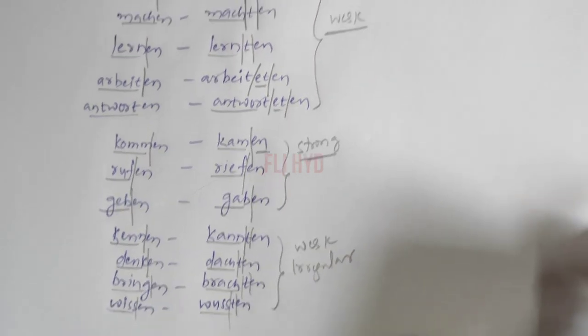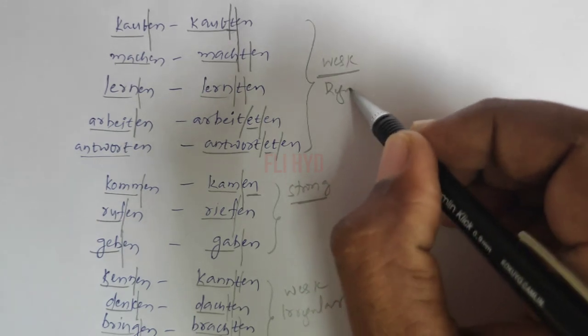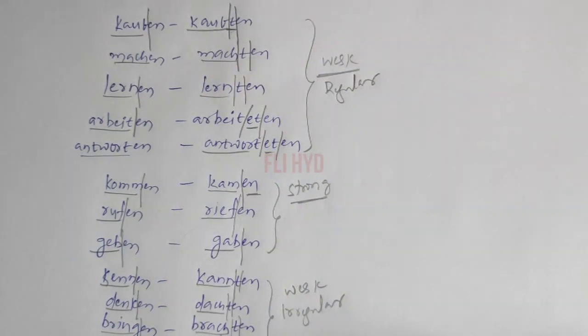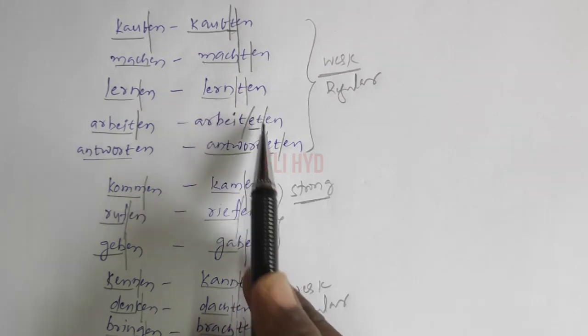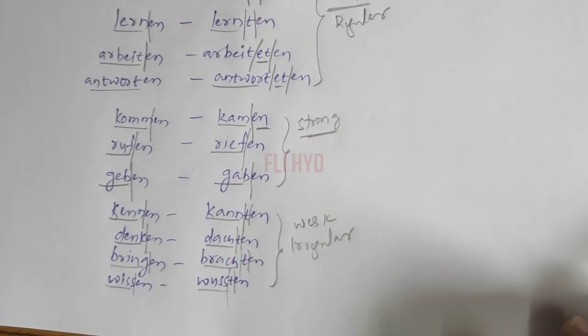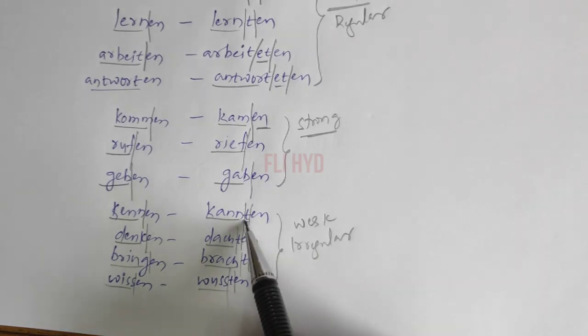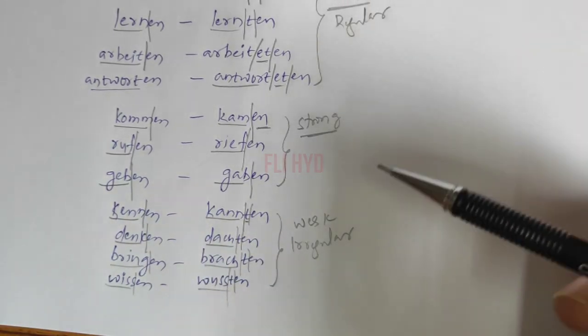The verbs we learned earlier, where the stem doesn't change, we call weak regular. Weak regular verbs don't change their stem and take t or et in the past tense. Weak irregular verbs also take t, but the stem changes. So we have weak regular and weak irregular.